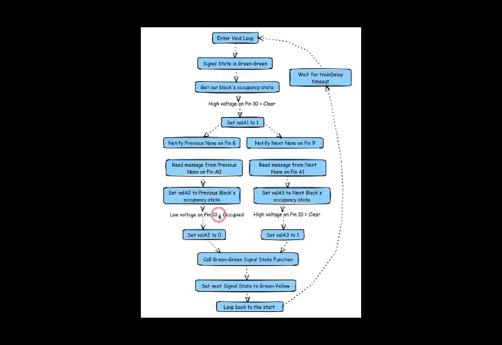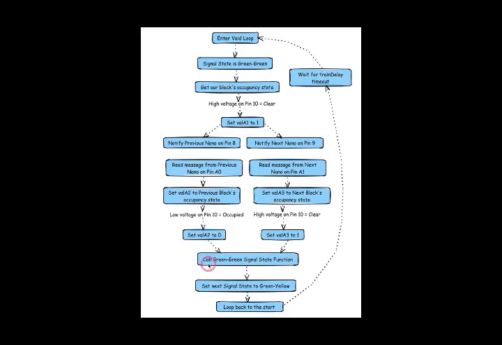It had a low voltage on pin 10, so it's occupied. We set val A2 to 0. We notify the next nano that our occupancy state is clear. We check and read what the next nano's occupancy state is. And it's got a high voltage on pin 10, so it's clear. And we set val A3 to 1.